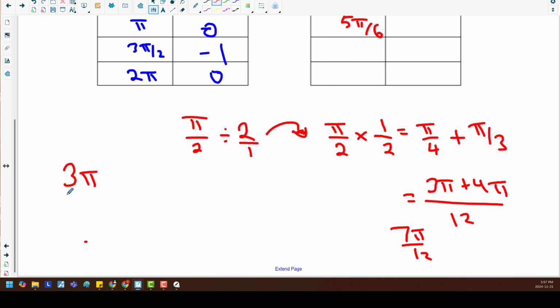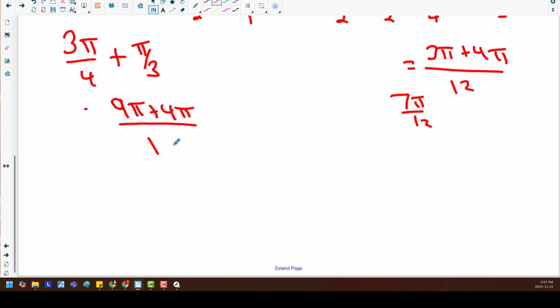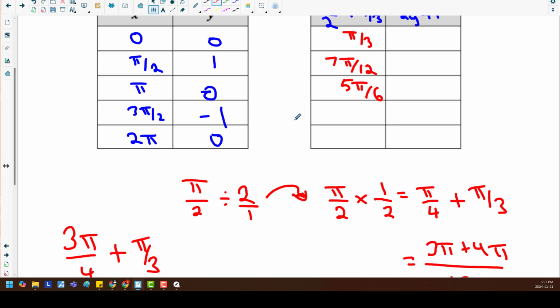Remember, just crisscross again. So that's going to be 9 pi plus 4 pi all over 12. That looks like 13 pi over 12, right?